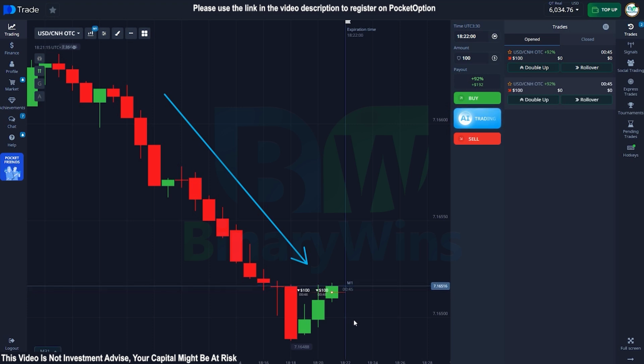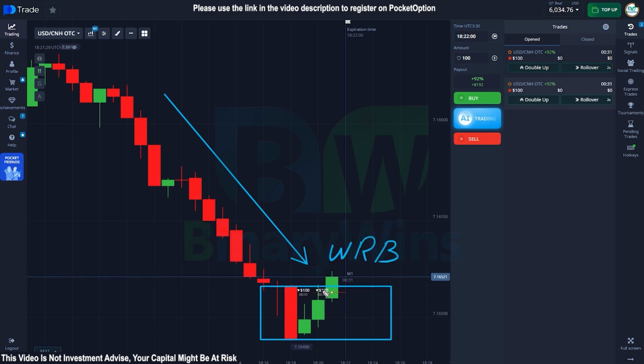Next to that, if you look here, we have a WRB pattern. The first candle is green, the second is green, the third will probably be red.